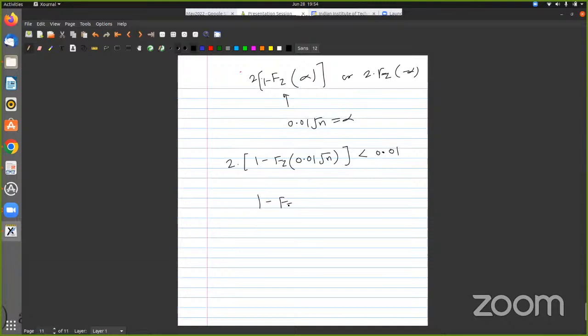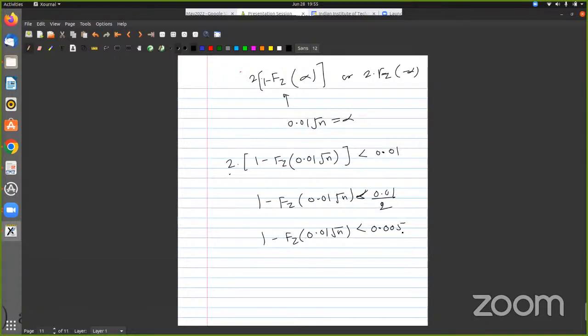So this becomes 1 minus fz of 0.01 root n, and this 2 will go to that side. It will become 0.01 by 2. Now 1 minus fz of 0.01 root n is less than 0.005, correct?